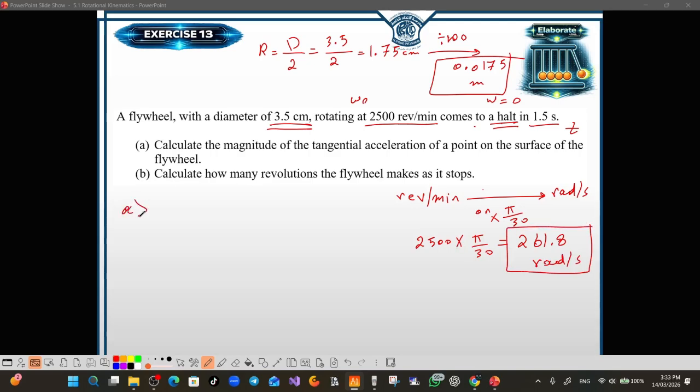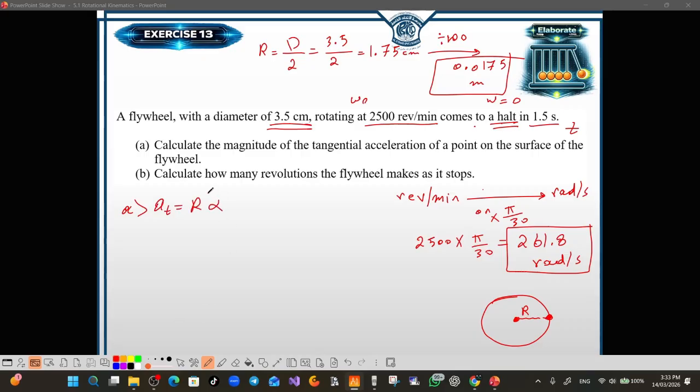Now question A. Calculate the magnitude of the tangential acceleration of a point on the surface of the flywheel. So on the surface of the flywheel, the distance will be exactly equal to the radius, the distance between the center of the disk and the targeted point. We know that the tangential acceleration is directly related to the angular acceleration.